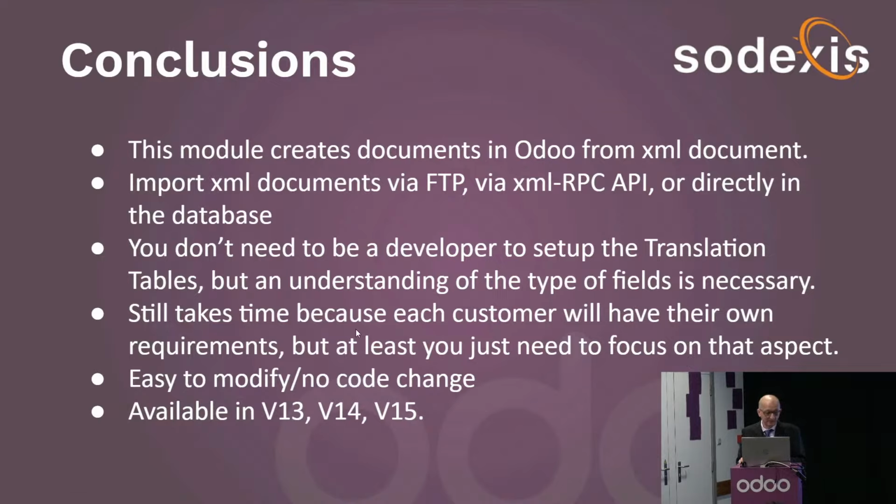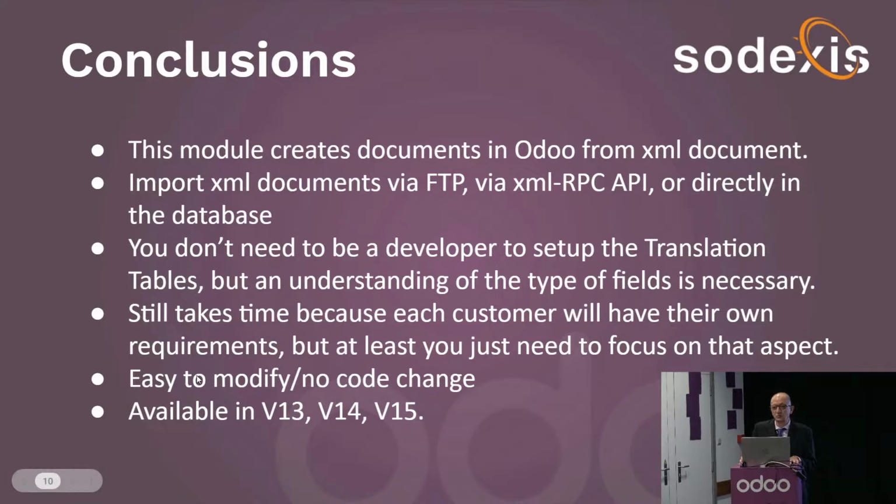It still takes time, even though it's much easier to set up than if you don't have that system, because each customer has their own requirements, okay? But at least you can just focus on that part. You can try to find their documentation, figure out all the fields that are required and needed, and then focus on that as opposed to writing the code to transform the document they send you into a document in Odoo. It's very easy to modify.